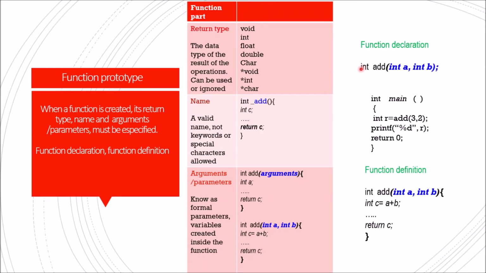You can also create a function with return types double, char, void, or pointers to integer or whatever. We use the keyword void whenever we are going to do some process here in the body of the function, but we are not going to return any value as result. Okay, so you know now how to specify the return type.